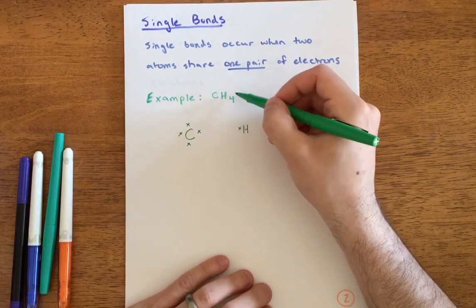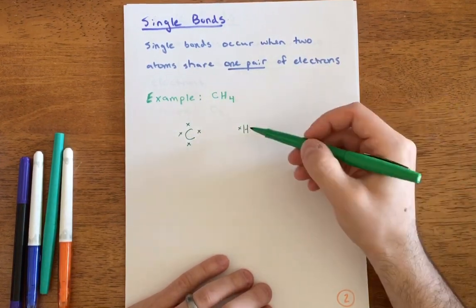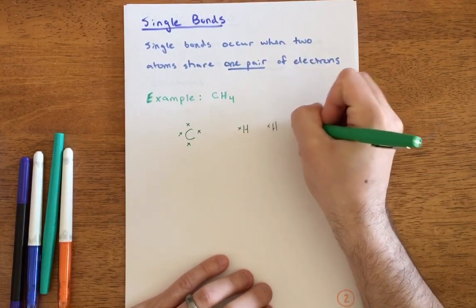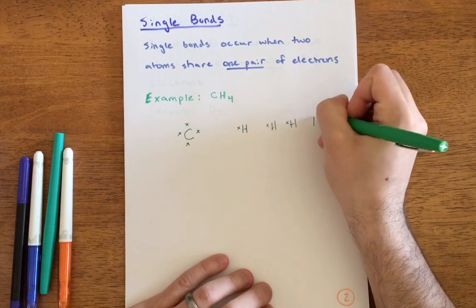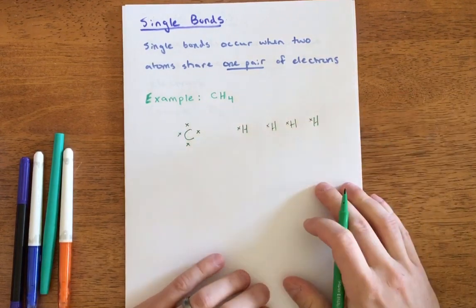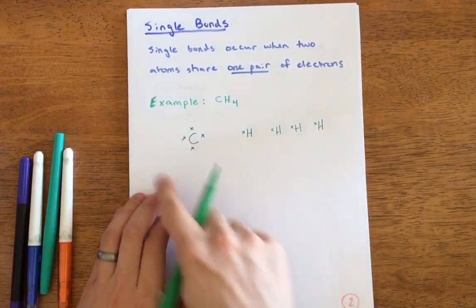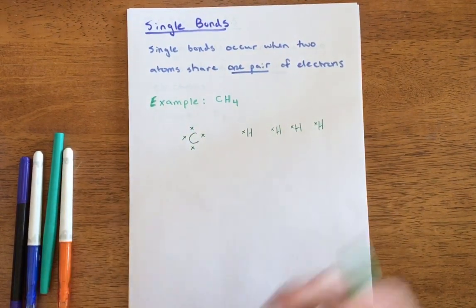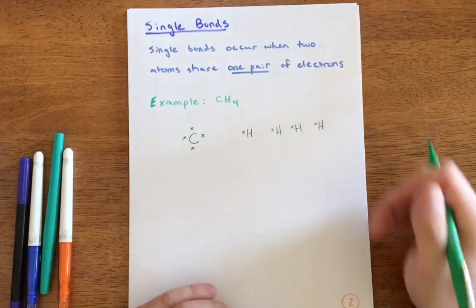So I have 1 carbon and 4 hydrogens. I'm going to draw 1, 2, 3, 4 hydrogens. Basically, I need to find some way of making these all fit together to make that compound. And a little bit of a hint, it's going to be a single bond.